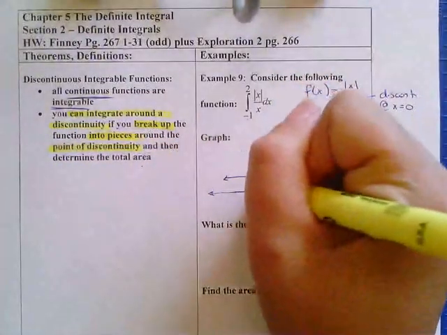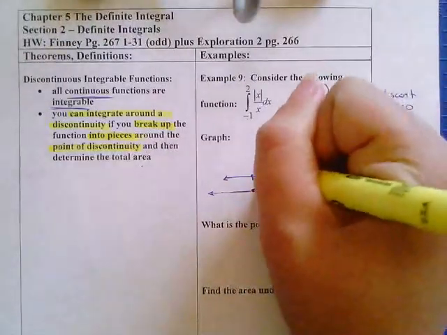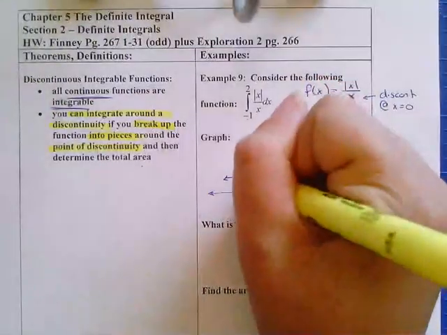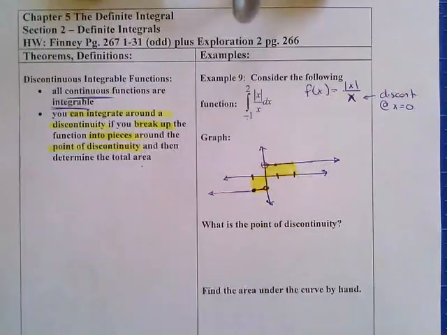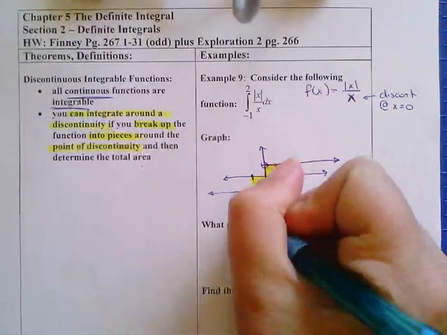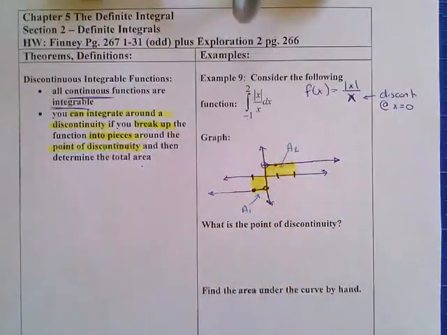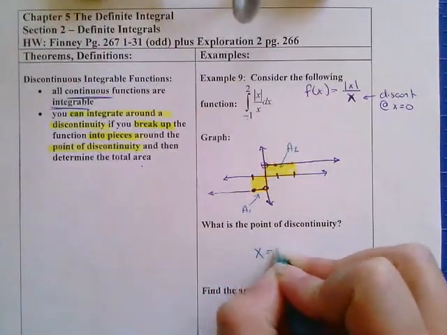The pieces we're going to determine are right here from 1 to 2, and this area right here from -1 to 0. We're going to call this one area 1 and this guy area 2. Of course, what is the point of discontinuity for this graph? It was x equals 0.